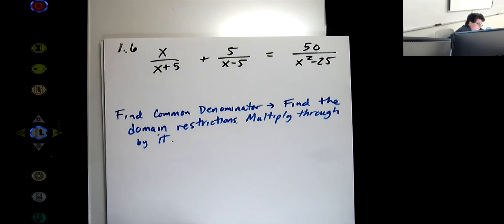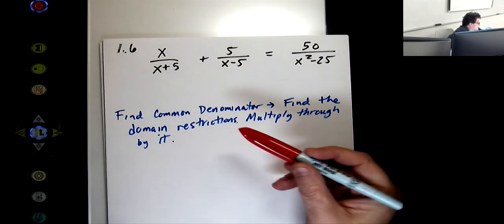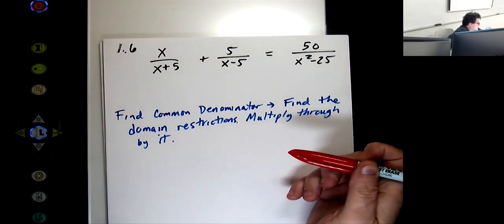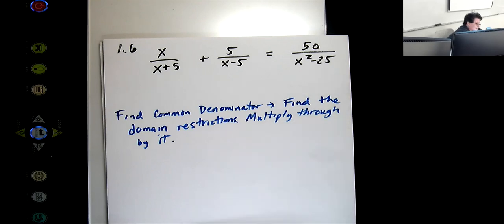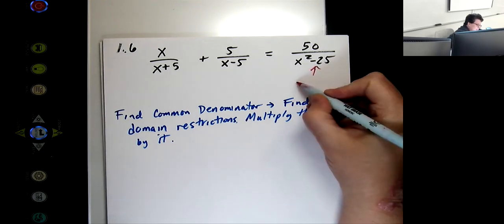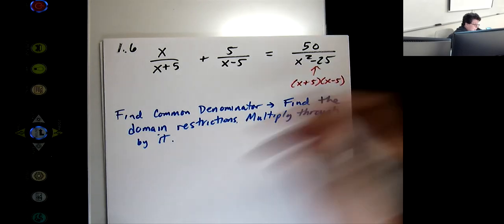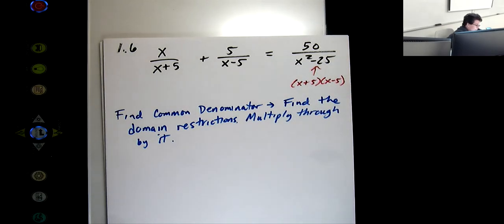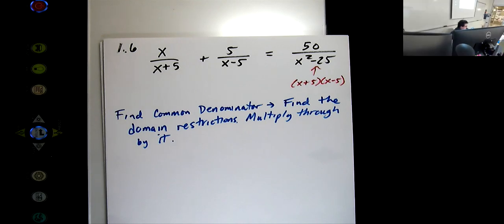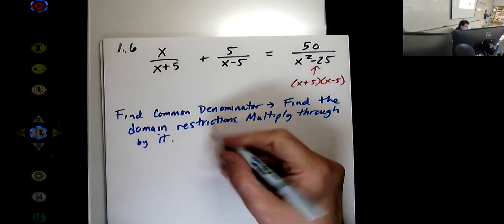So what's the common denominator? This is the common denominator, right? Because this is x plus 5 times x minus 5. So what are my domain restrictions? What can x not be? X cannot be 5.